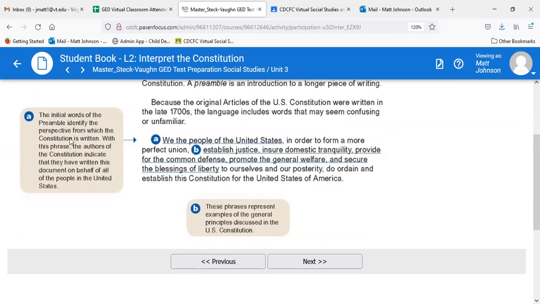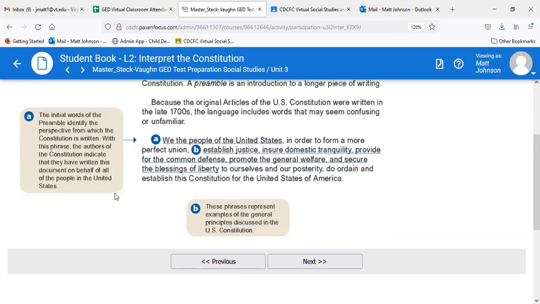And it says here on the left that the initial words of the preamble identified the perspective from which the Constitution is written. With this phrase, the authors of the Constitution indicate that they have written this document on behalf of all of the people in the United States. We, the people, right? It's that idea. And then the next line here that's underlined says, these phrases represent examples of the general principles discussed in the U.S. Constitution.